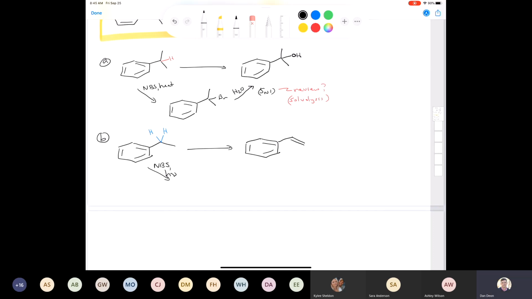Let's be spicy about it. Let's try something new. And Eric, what's going to be the reactant that I need to take this compound, a secondary alkyl halide, and make styrene? Or anybody. I'm just picking on students that I can't even see.